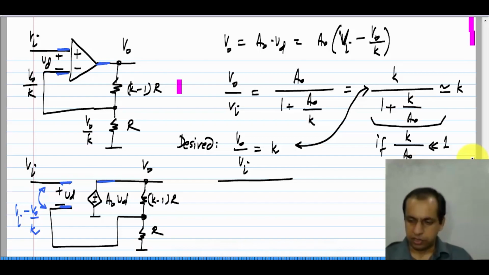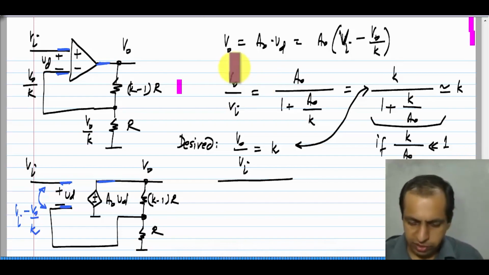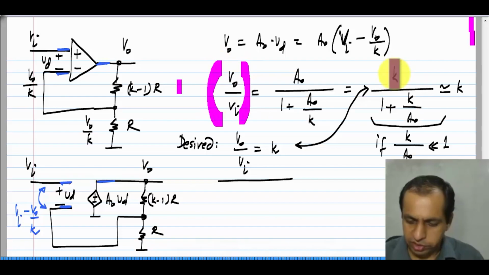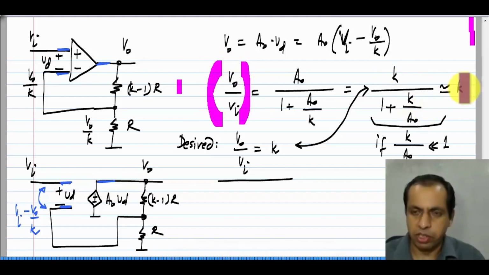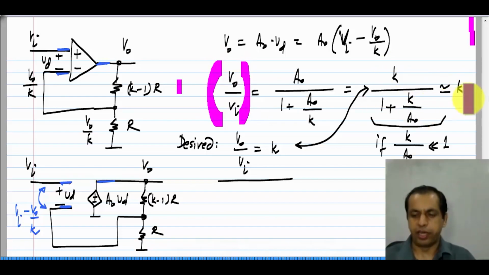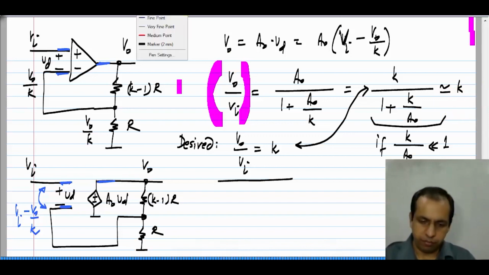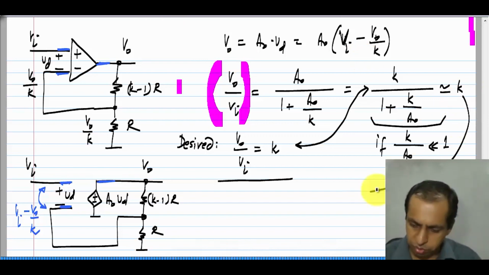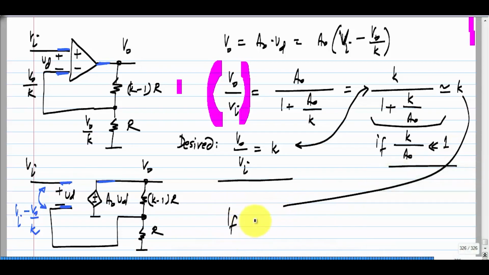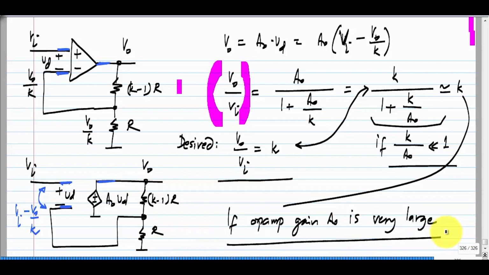Okay. So, in that case, the gain of this amplifier V naught by V I, which is K divided by 1 plus K by A naught, can be approximated by K. Okay. So, this is true if op-amp gain A naught is very large. Okay.